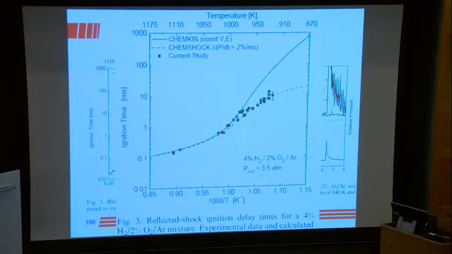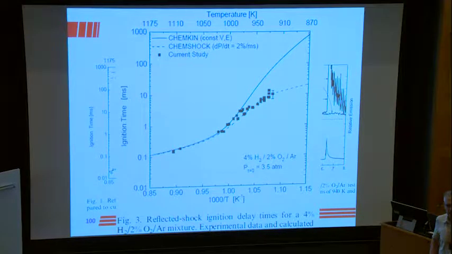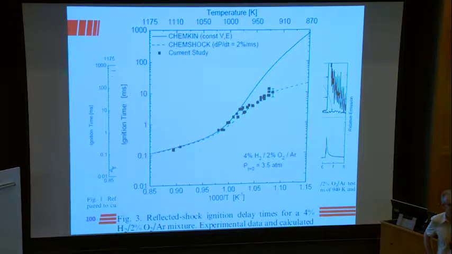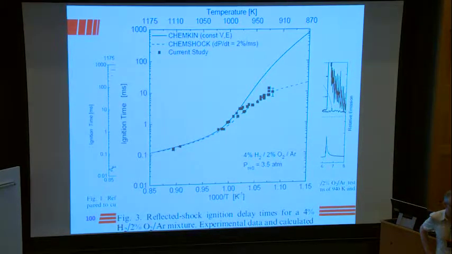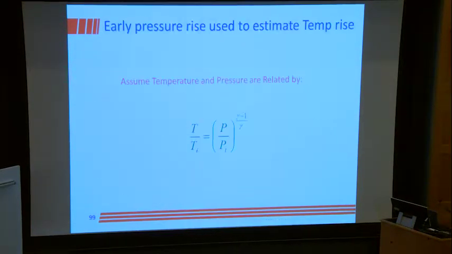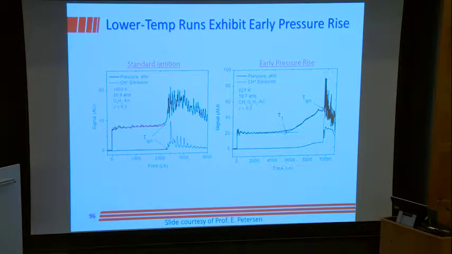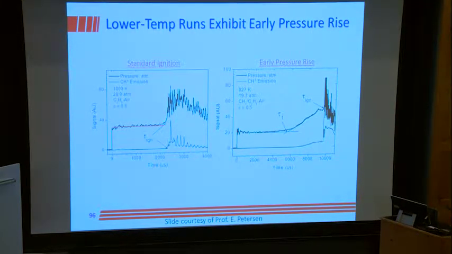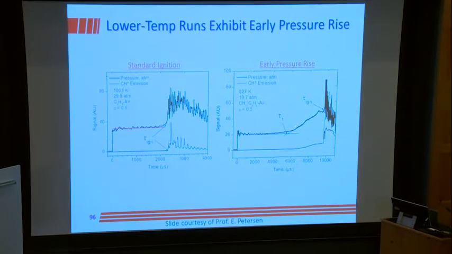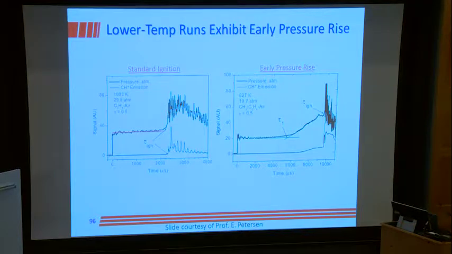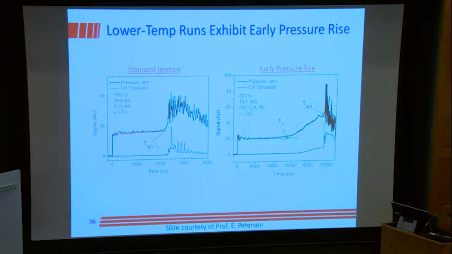Now, this dP/dt is a facility effect, but it's not the same effect as I showed you for the propane, and just be careful that you remember that. For the propane, it did stay constant out to 4 or 5 milliseconds, but then the pressure starts to rise rapidly. I think it is actually chemistry related in addition to, so there are some boundary layers that are triggering some chemistry in the fuel.